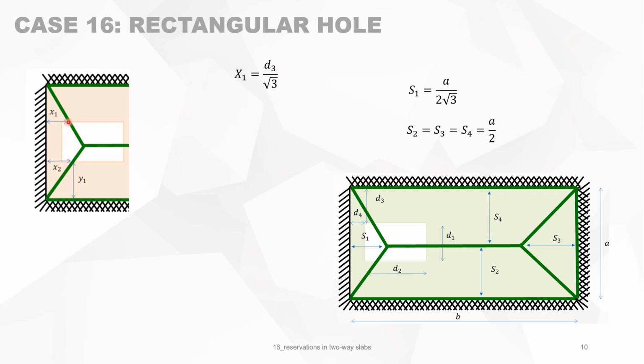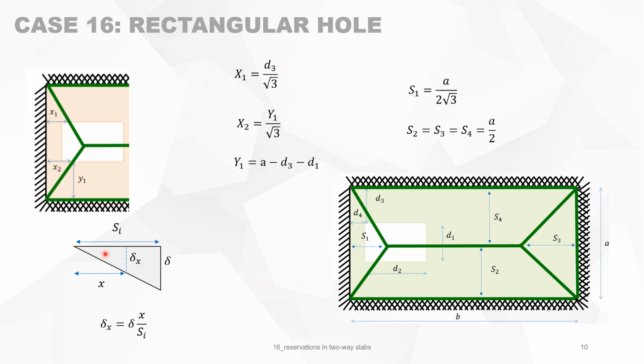So X1 is where the yield line is crossed. Of course, the tangent of the angle of 60 degrees is equal to D3 divided by X1, because it's this angle or this angle. Same for X2. It's where the reservation crosses the yield line, and Y1 is on the other side and is equal to this.